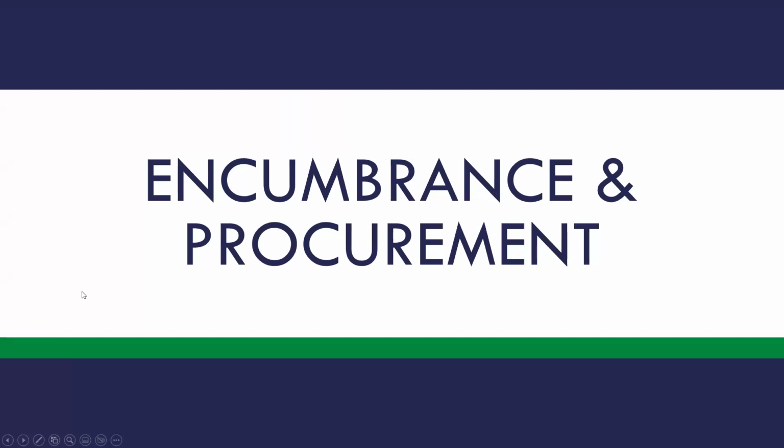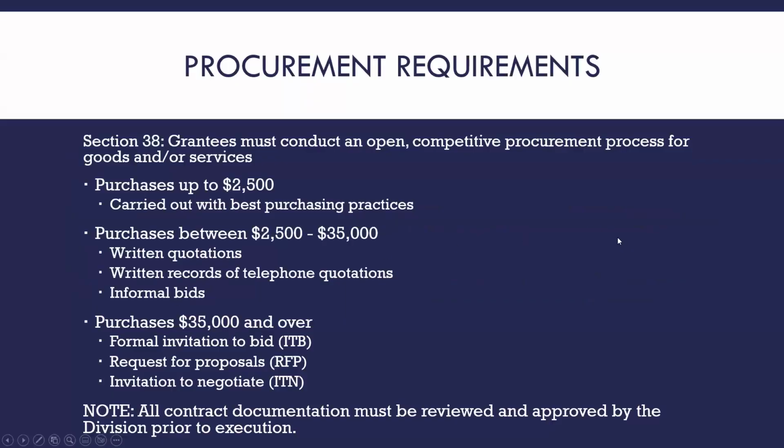So what do we mean by encumbrance and procurement? When you are looking for a contractor, an engineer, an architect, any kind of purchasing, it should be as open and competitive for goods and services as you possibly can do.